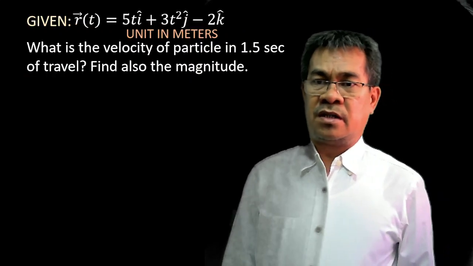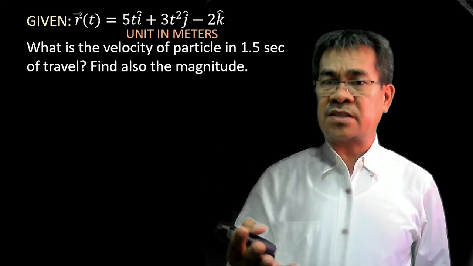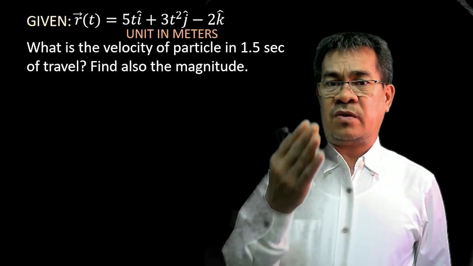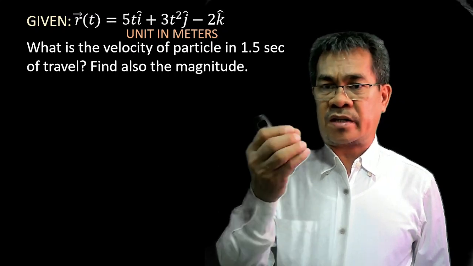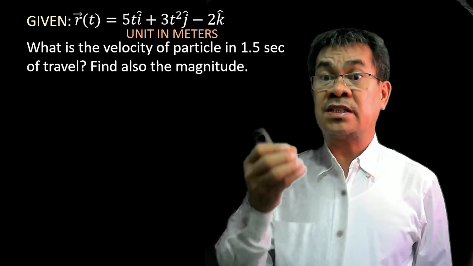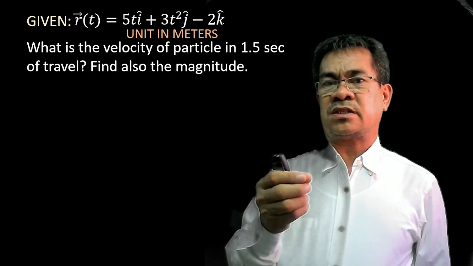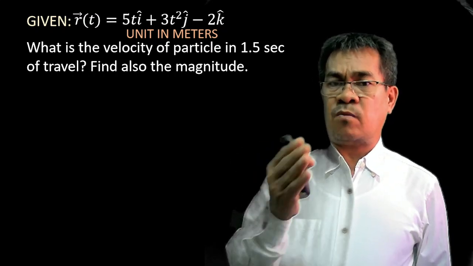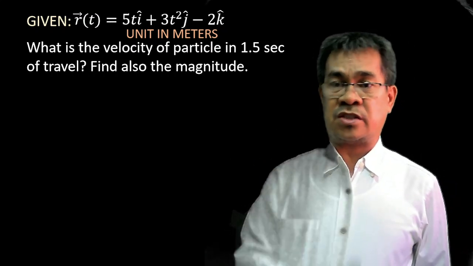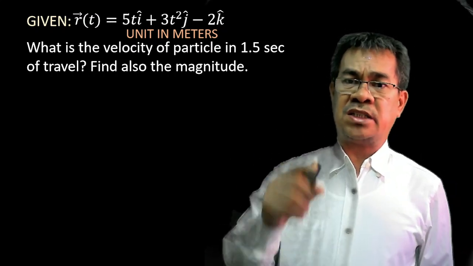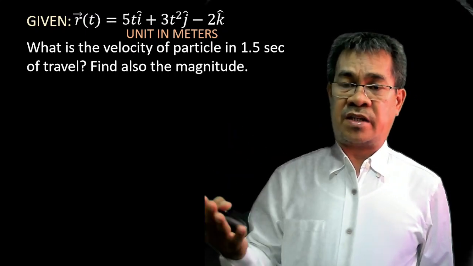Again, in order to calculate the velocity of the particle at 1.5 seconds of travel, we are calculating the instantaneous velocity, because the requirement is at a specific time. And there's a follow-up question: find also the magnitude.